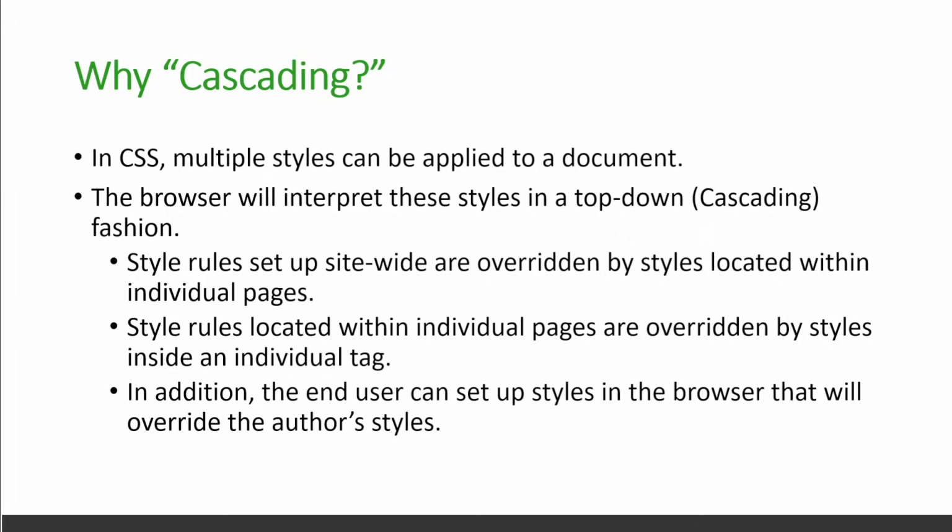Now, in some of our more advanced classes, we talk about other specificity rules where different things take precedence. For the time being, we're kind of just allowing cascade to take precedence. If you want to make sure something takes precedence, you just put it later in the sheet. It'll 9 times out of 10 work. There are some different rules and different things that kind of take over, but for where we're at, just getting started, this is good enough.